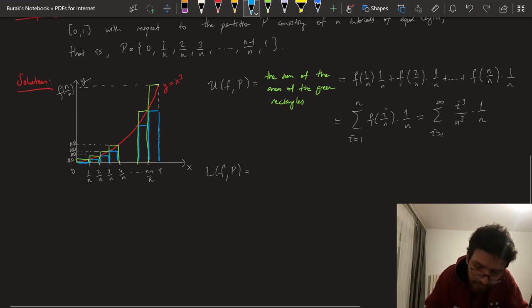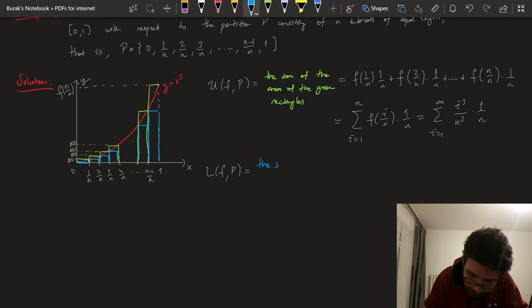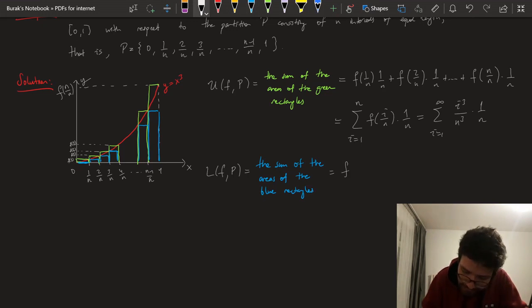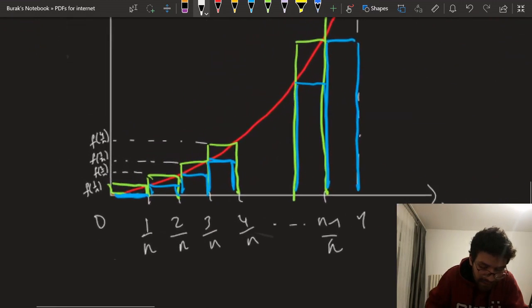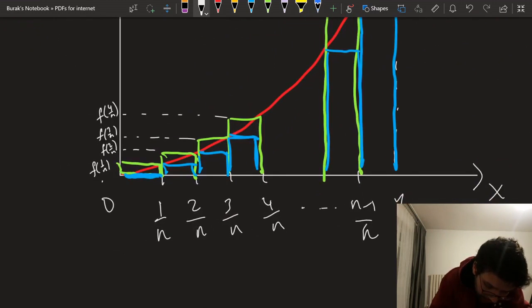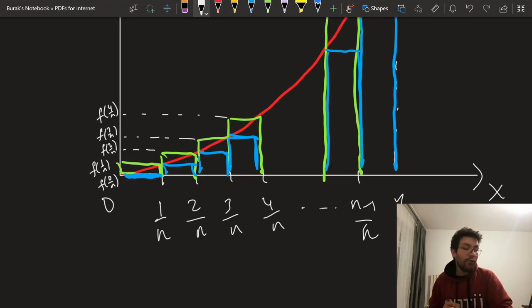So this is going to be the sum of the areas of the blue rectangles. This time the height of the first rectangle will be f of 0 over n.